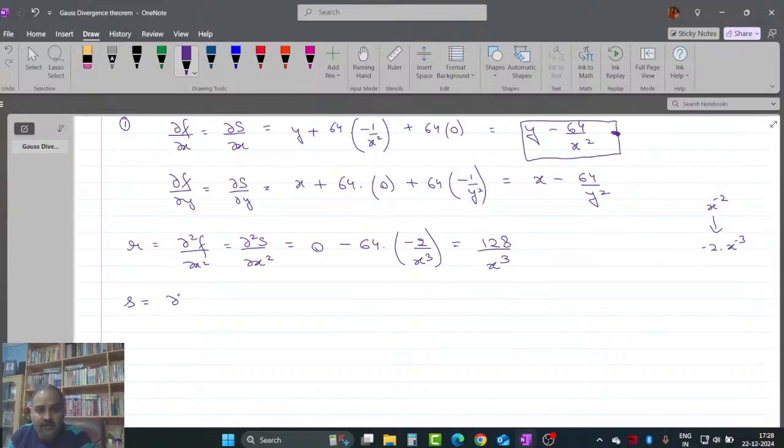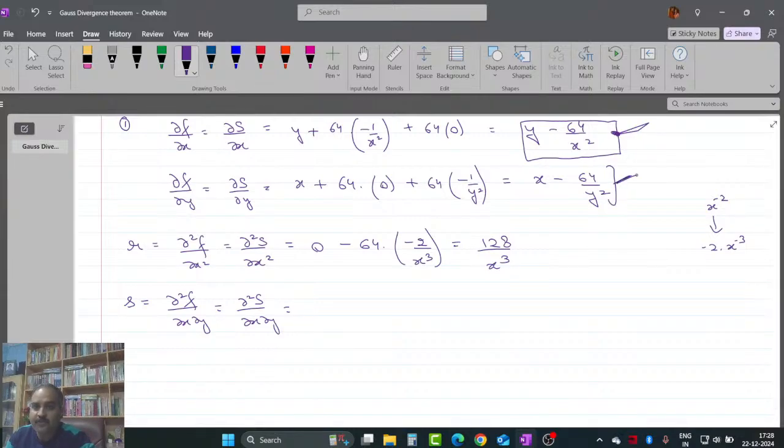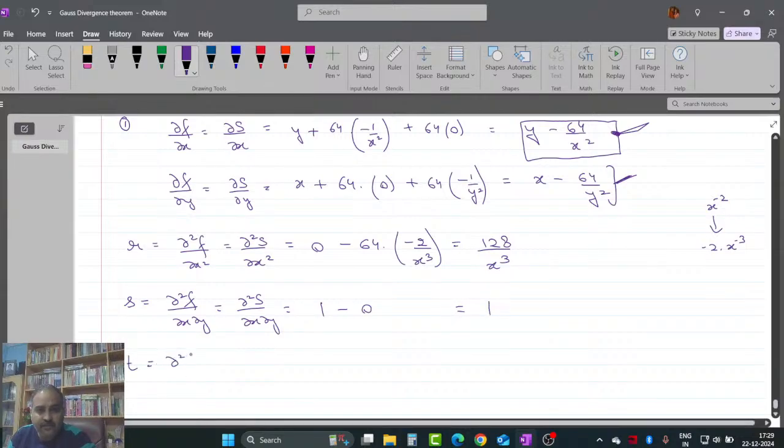s means curly 2f over curly x curly y, that means second order derivative of s with respect to x and y. I can take derivative of this one with respect to y or derivative of the other with respect to x, it's your choice. So derivative of this part with respect to y will be 1 minus 0. So the output will be 1. And t, that means curly 2f over curly y square, that means curly 2s over curly y square.